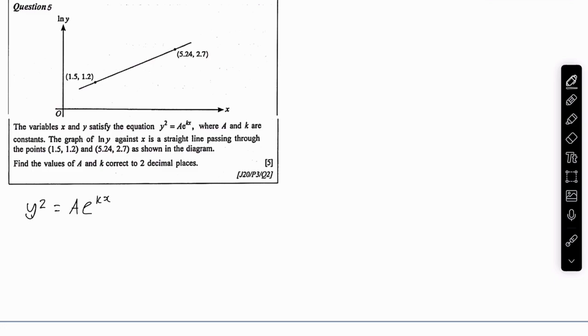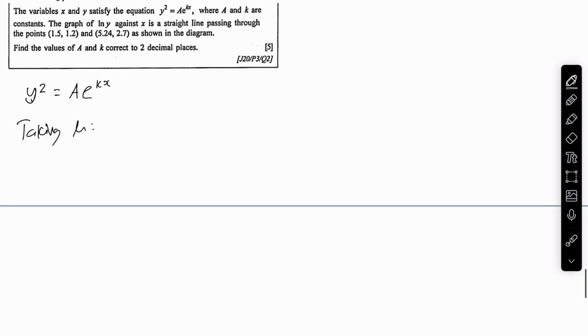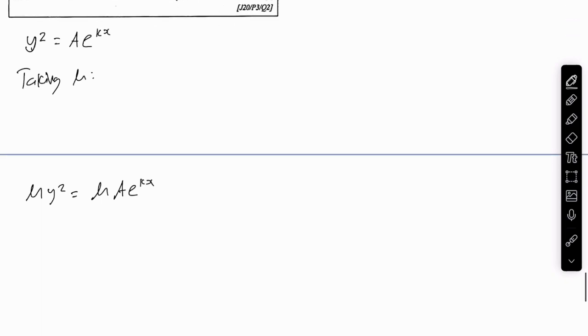And so, as a result, taking ln on both sides, we can get ln y squared is equal to ln a e to the kx, which gives me 2 ln y is equal to ln a plus ln e to the kx firstly, because we use our log rules to expand.